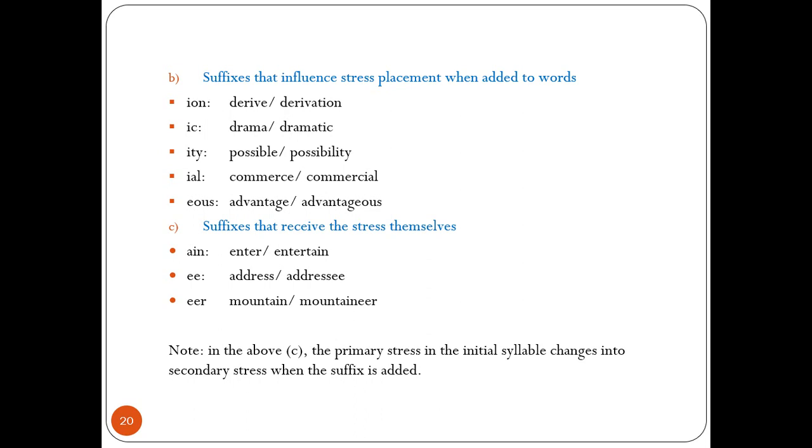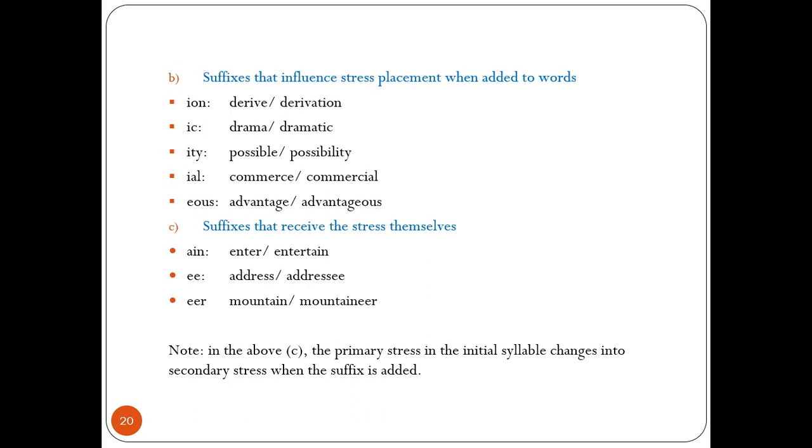The first one is stressed. Of course, the second one is not stressed because it has a schwa sound. Enter, enter. So when the suffix was added to it, it becomes what? Entertainment. So we still have stressed syllables, en and tain.